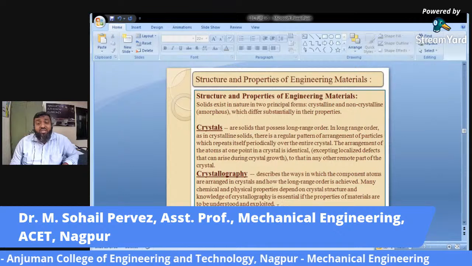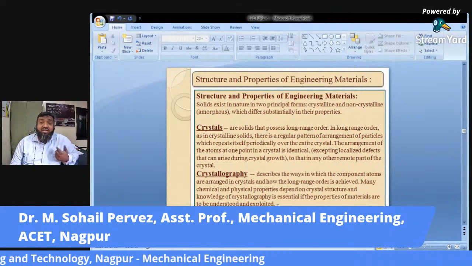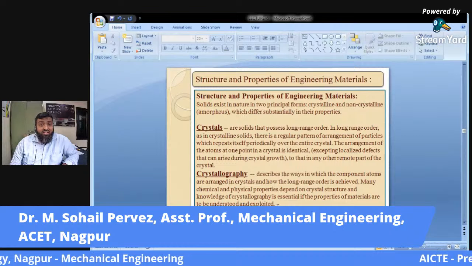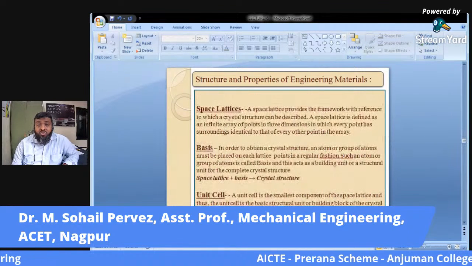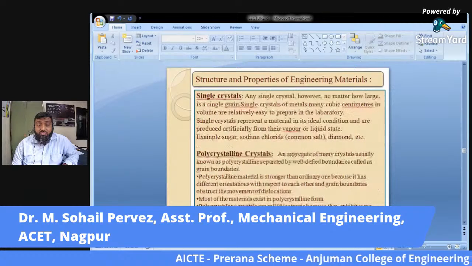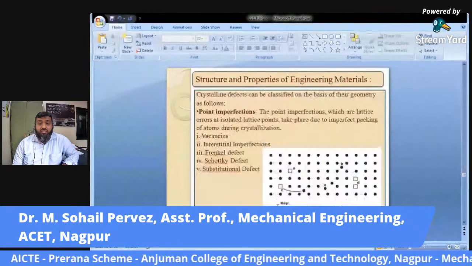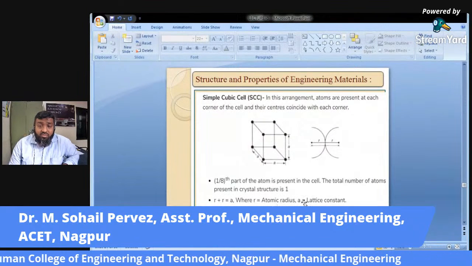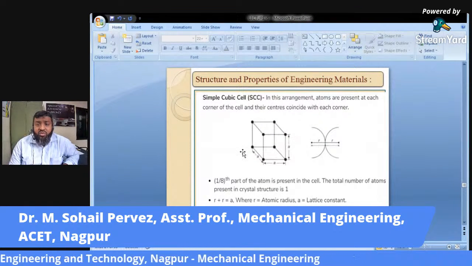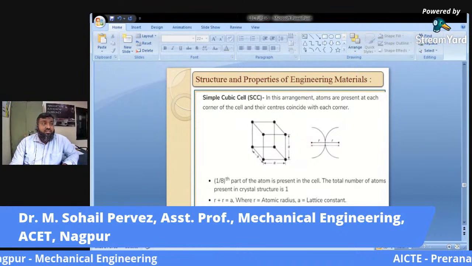The arrangement of the atoms at one point in a crystal is identical. Now when I say arrangement is identical, we must first go to this diagram and then we'll come back to this. So it has a regular boundary, it has a regular arrangement there.